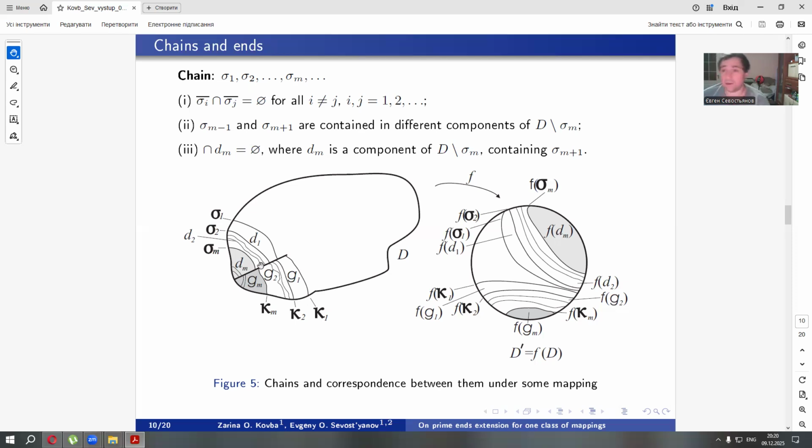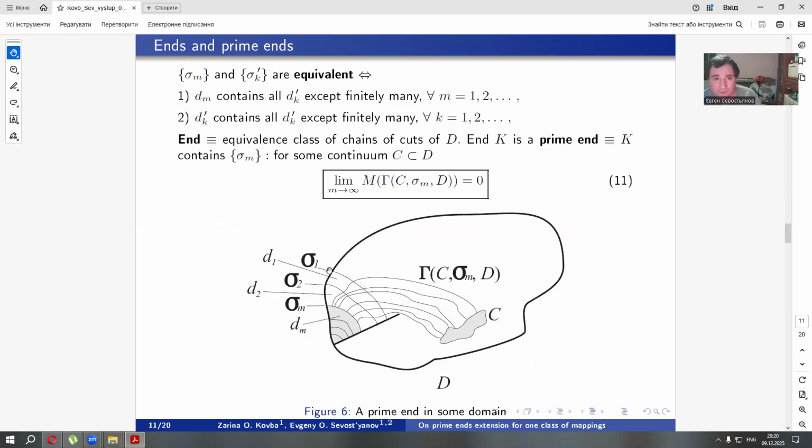Similarly for any chain. For example, for the chain formed by the kappa M sequence, this chain of domains is G1, G2, Gm, etc. So two sequences are equivalent if the first sequence contains all of the other sequence and vice versa.